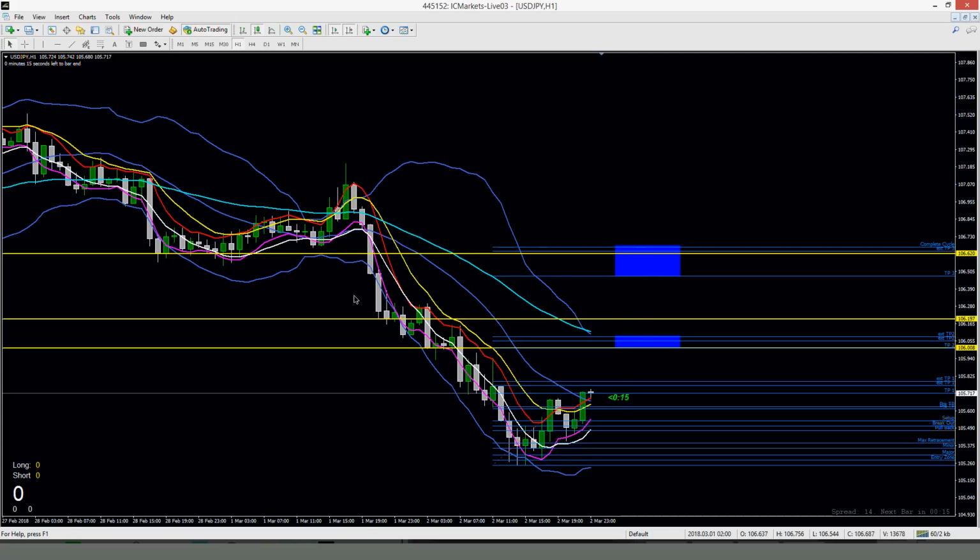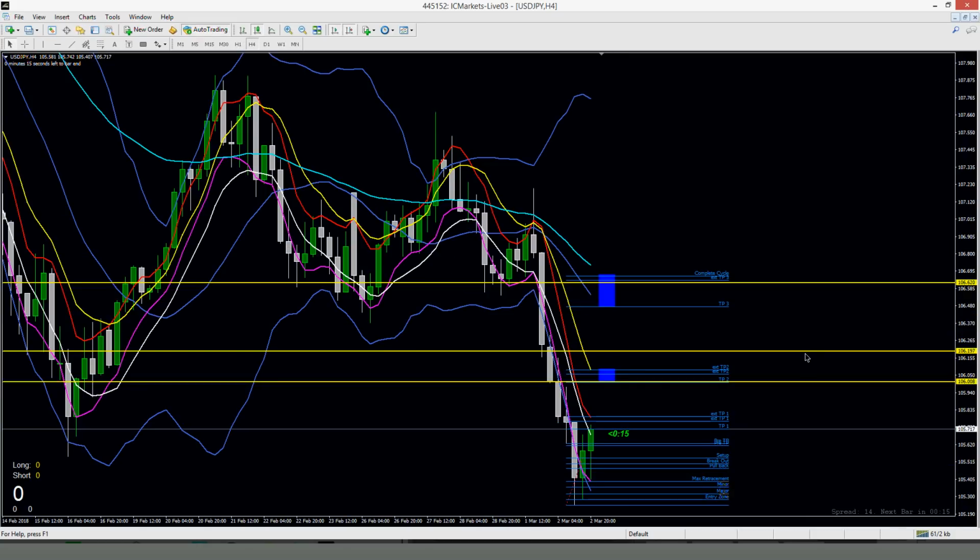Also, the highest point that this market will try to go is over here. So let's see what it looks like in H4. Essentially, my FIBO indicates to me that the market is trying to go to H4 middle BB. That's the highest point that it will go for this retracement.